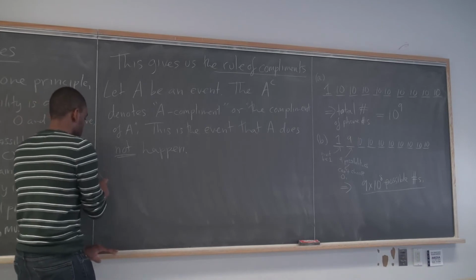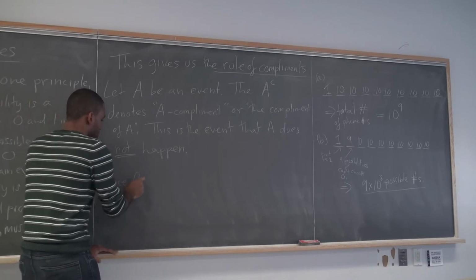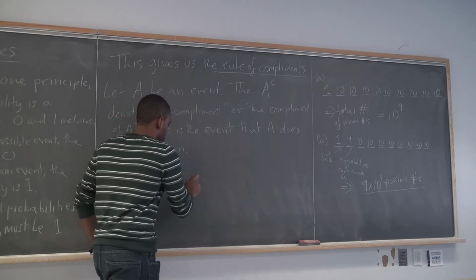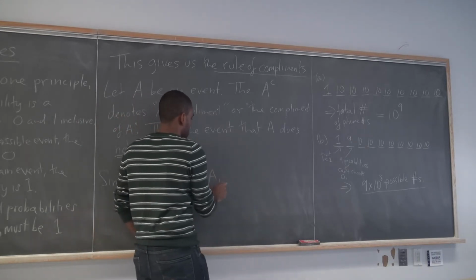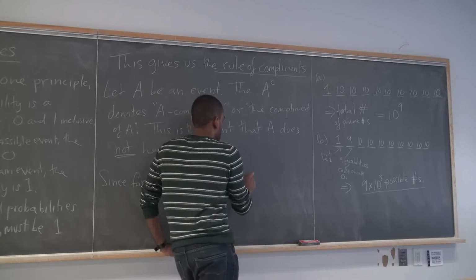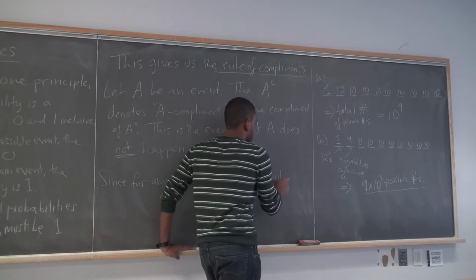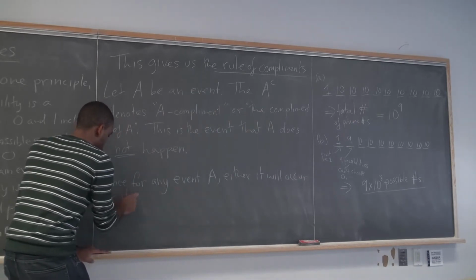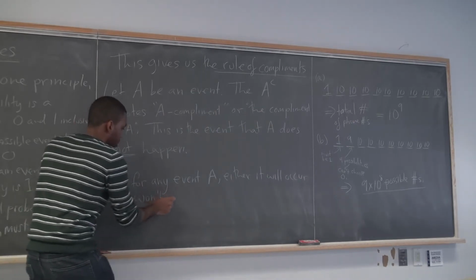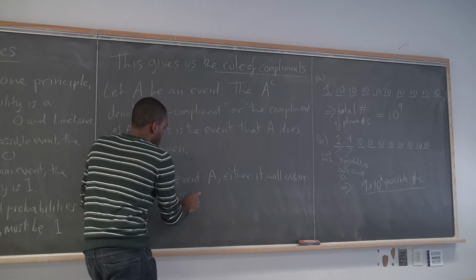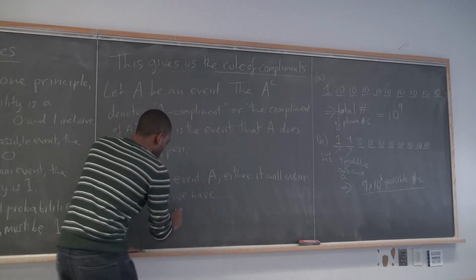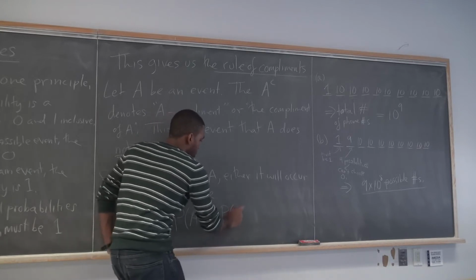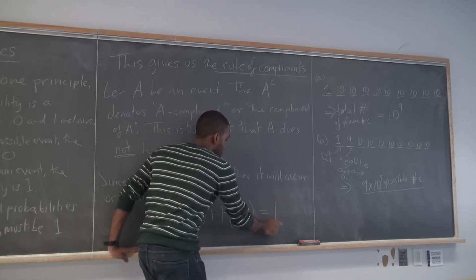And since for any event A, either it will occur or it won't, we have the probability of A plus the probability of A complement must be 1.